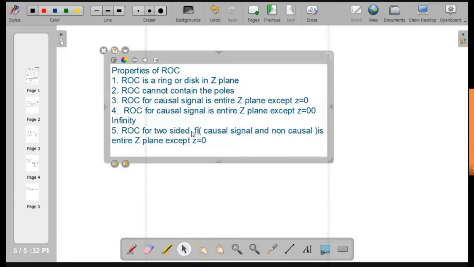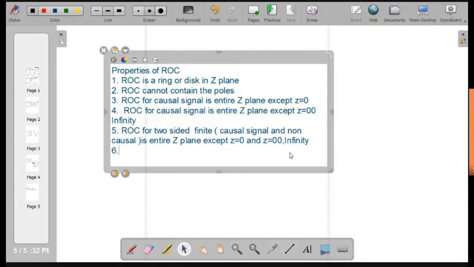Two-sided finite sequence: entire Z plane except Z equal to 0 and Z equal to infinity. Is it not? We can mention that also.